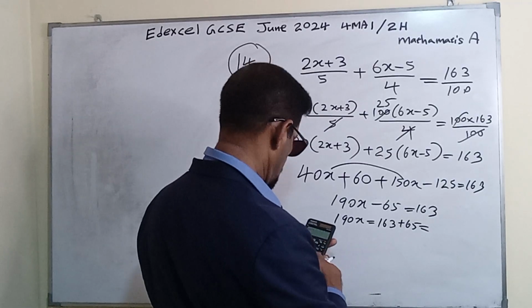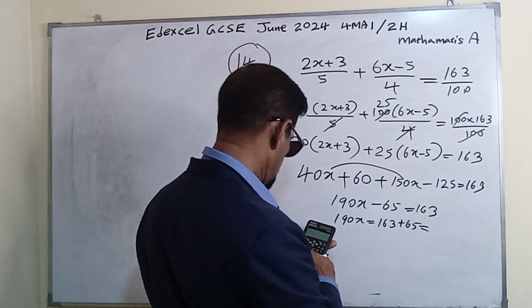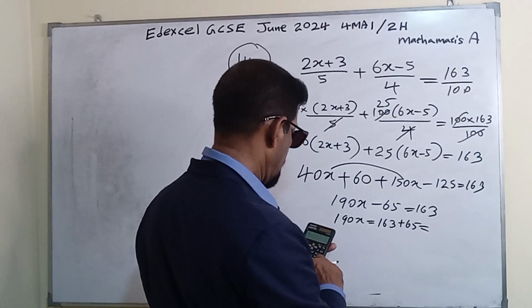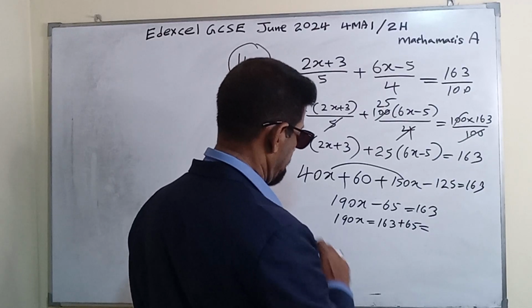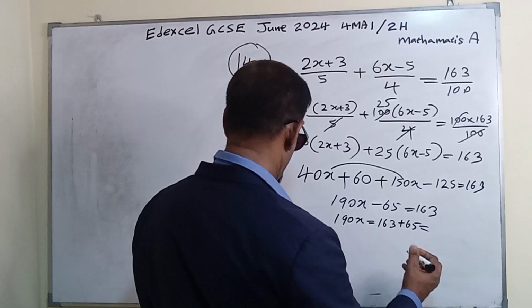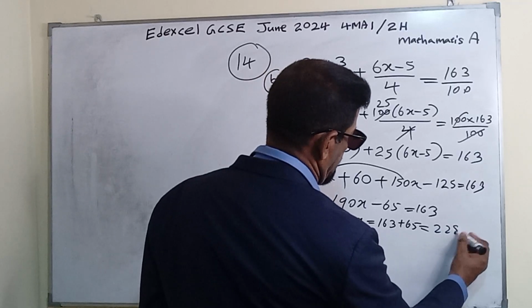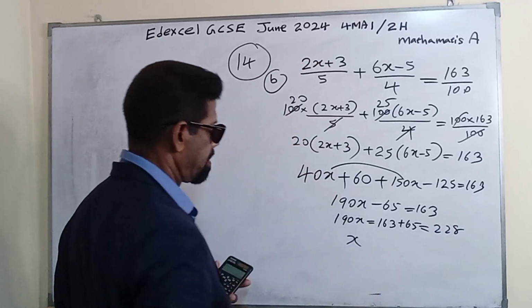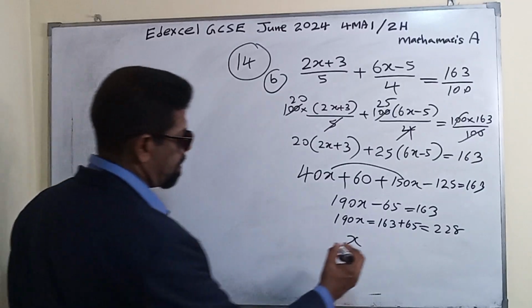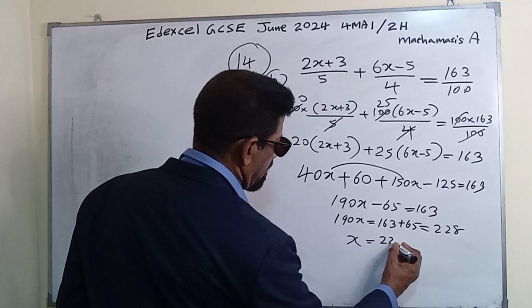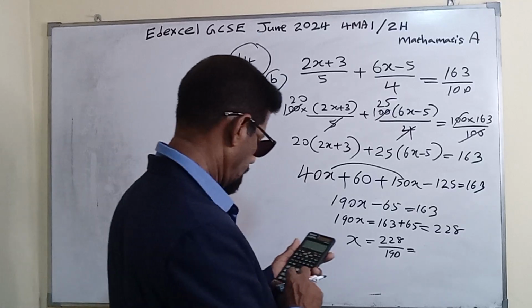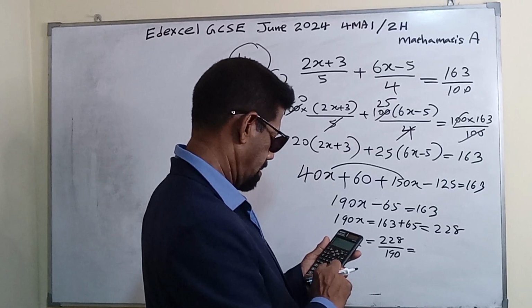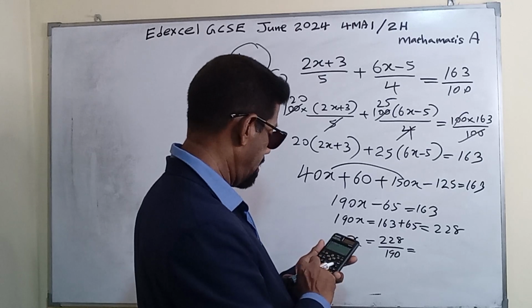Okay, so 160 plus that 65, yeah, sorry, that is 225. So x, for both sides divide by 190: 225 over 190, divide, sorry, divide.